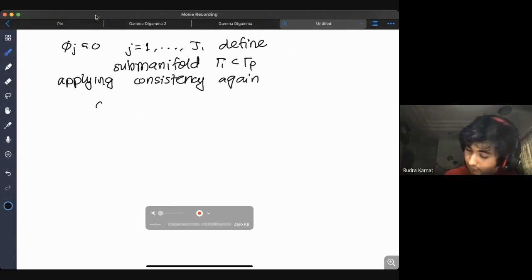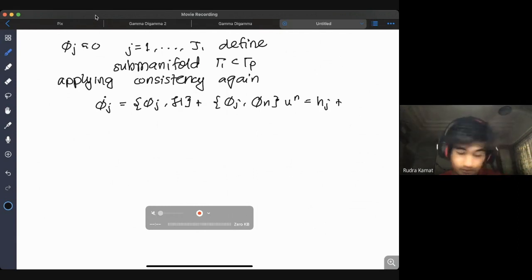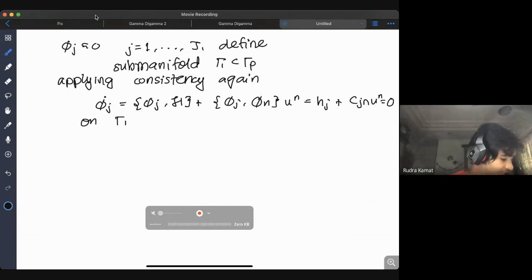We get a similar sort of setup, which we can call Hj plus Cjn un set to 0, but on gamma sub 1.